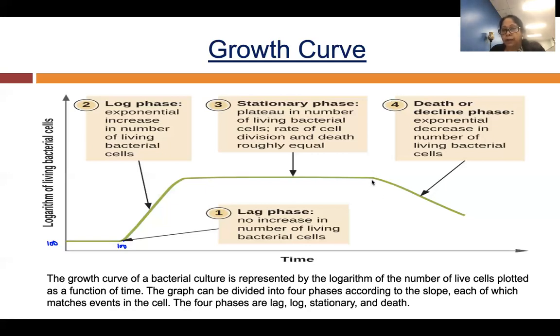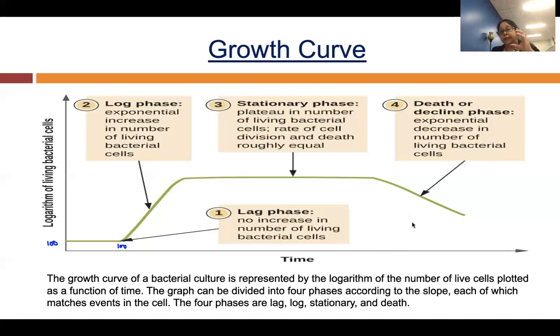So bacteria will die at an exponential rate. Over here they increased at an exponential rate, but over here the number of bacteria is going to go down exponentially. So that's the death or decline phase.